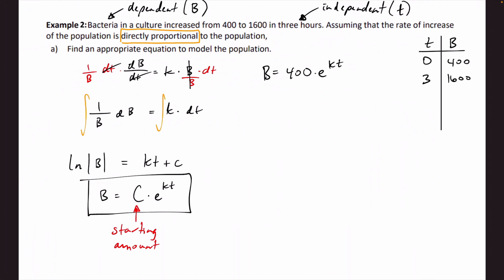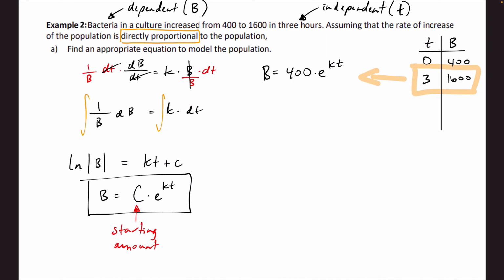So when I plug in 3 for T, I better get 1,600 for B. And when I plug in 0 for T, I better get 400 bacteria. Well, we already know one of them. If I plug in 0 for T, you're just going to get e to the 0, which is 1. So we're not going to use that one. I'm going to use the one right below it.